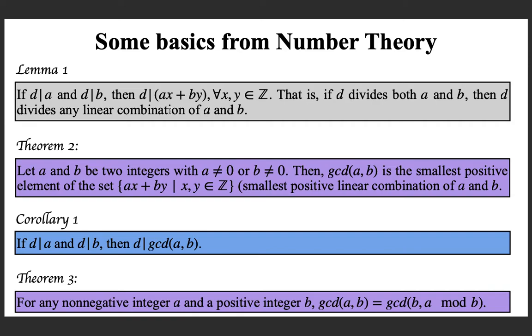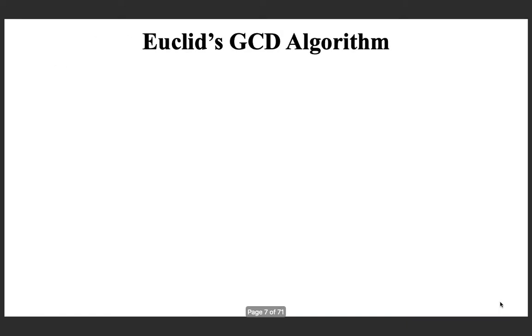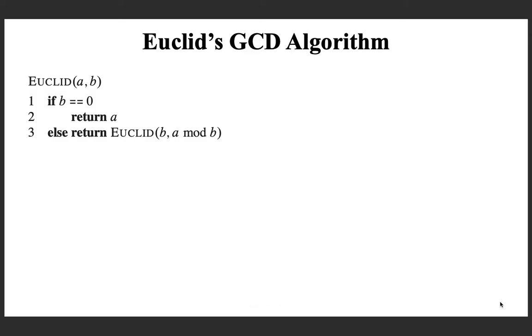And this is the GCD recursion theorem that we proved in lecture 24: for any non-negative integer A and positive integer B, the GCD of A and B is the GCD of B and A mod B. These are the results that we used in Euclid's algorithm, which we discussed in the previous lecture.